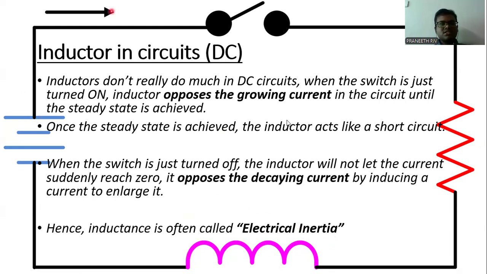When the switch is just turned off, we have a decaying current. The inductor won't let the current go down, it starts supporting it. So inductance is often called electrical inertia because of this phenomenon. It doesn't stop immediately, it has some inertia.